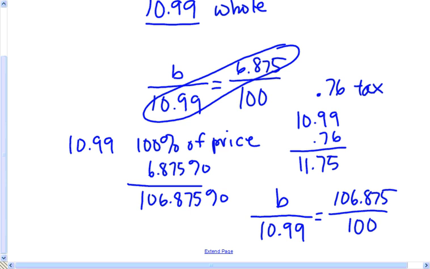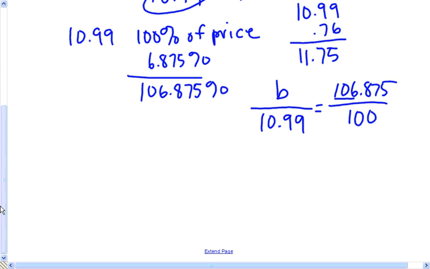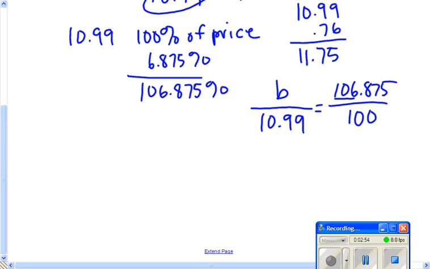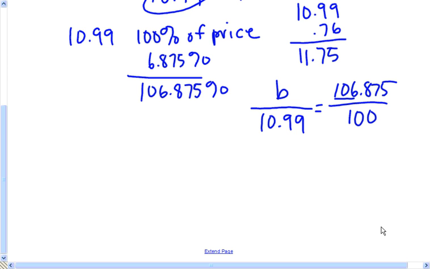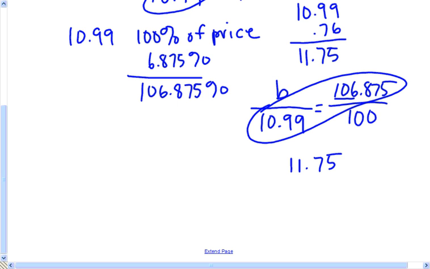And then my part is the price with the sales tax, which is 106.875% of the price. So now when I do the math and I round it to the nearest cent, so I'm multiplying these two numbers and dividing by 100, I get my 11.75 in one step by doing it that way.